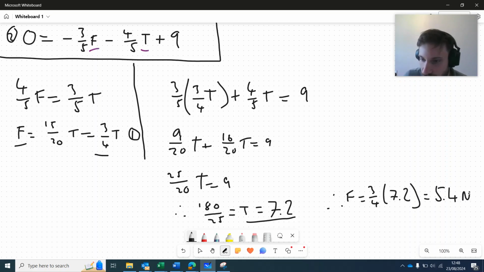I'm also going to include my units here, so 5.4 newtons and 7.2 newtons. I've underlined them, and you know what, I'm going to encircle them as well, because that's good practice.